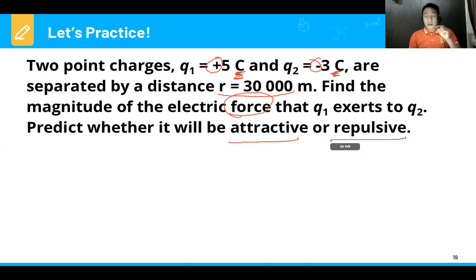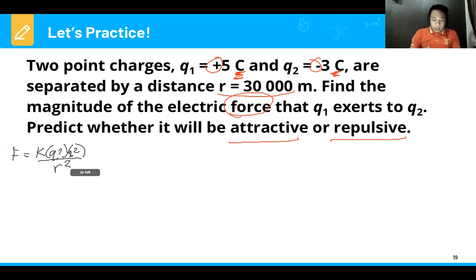Okay, so let us first recall the formula. The formula we have here is F equals K Q1 Q2 over r squared.